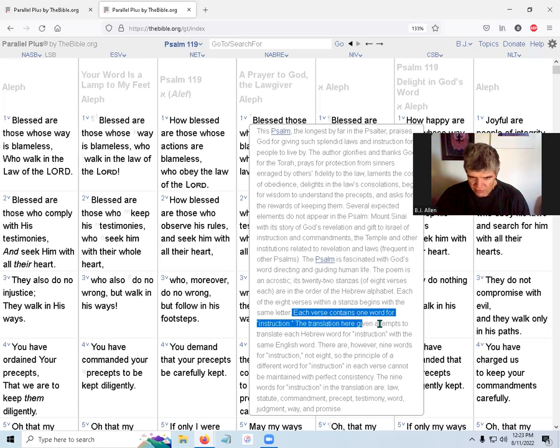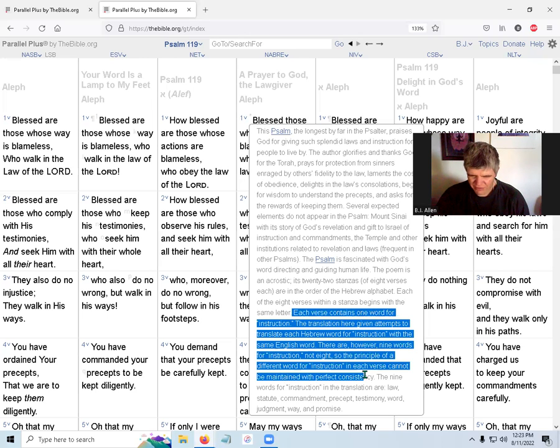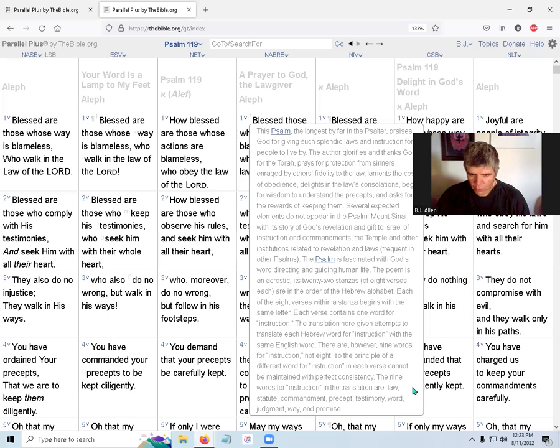The translation here given attempts to translate each Hebrew word for instruction with the same English words. There are, however, 9 words for instruction, not 8. So the principle of a different word in each verse cannot be maintained with perfect consistency. The 9 words for instruction: law, statute, commandment, precept, testimony, word, judgment, way, and promise.